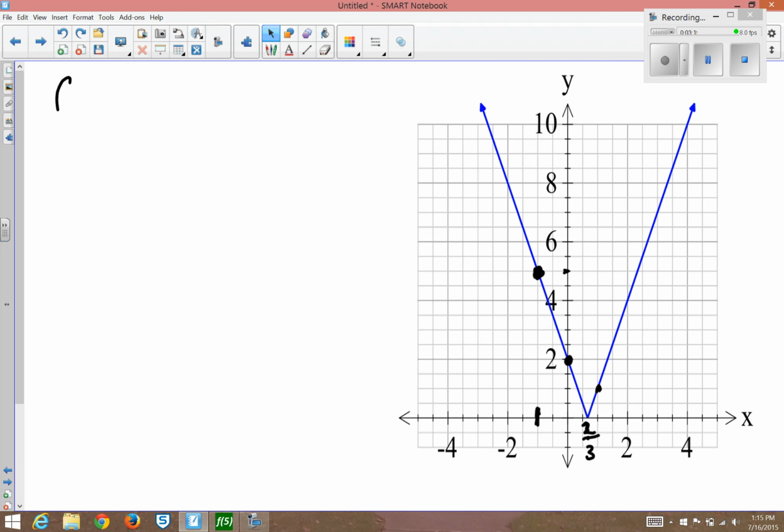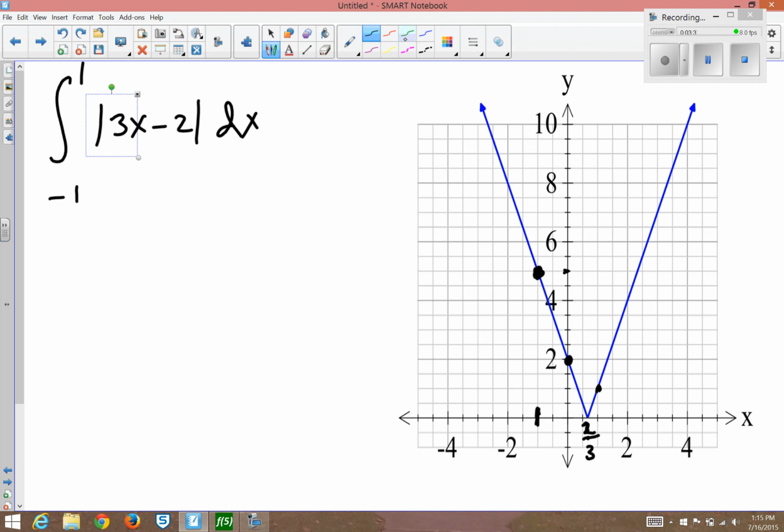To find the integral of the function that's graphed here in blue, the absolute value of 3x minus 2, from -1 to 1, means find the area between this blue curve and the x-axis from x equals -1 to x equals +1.